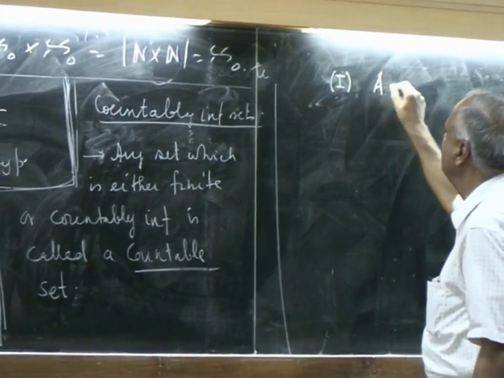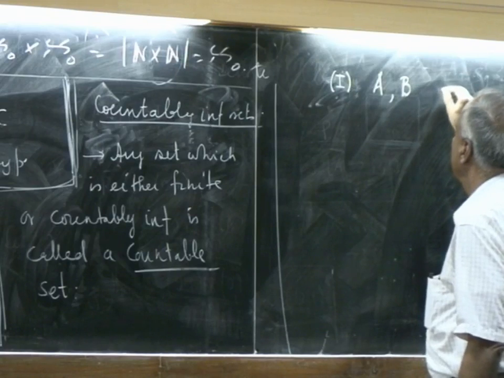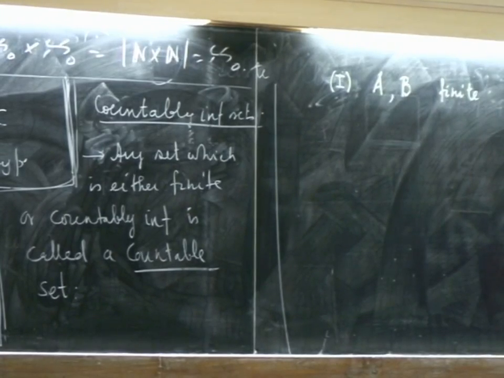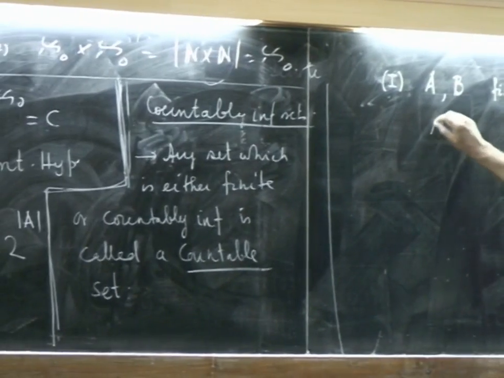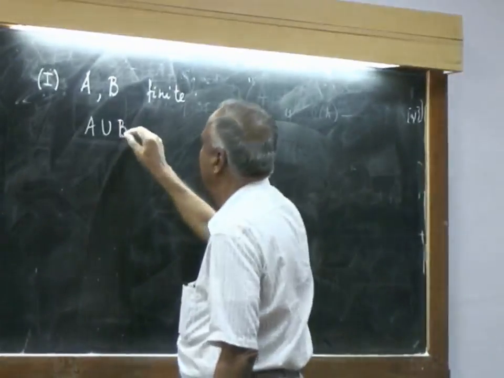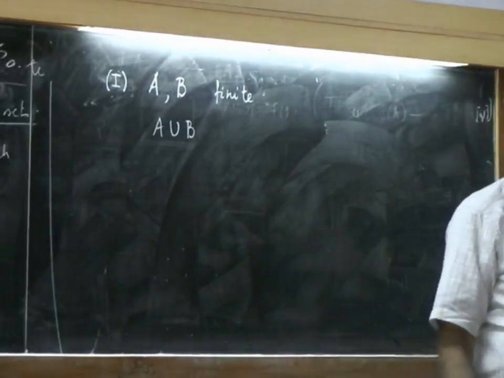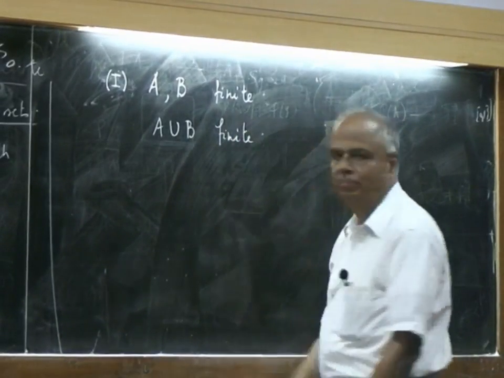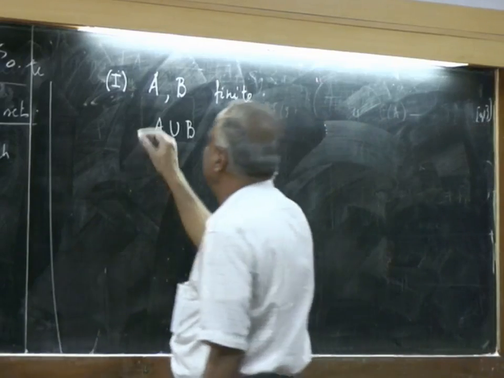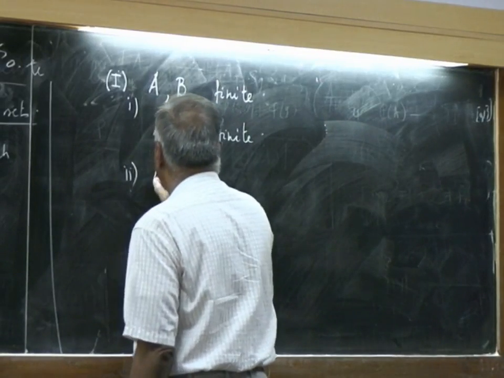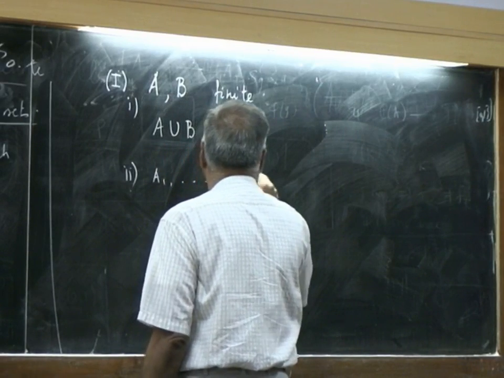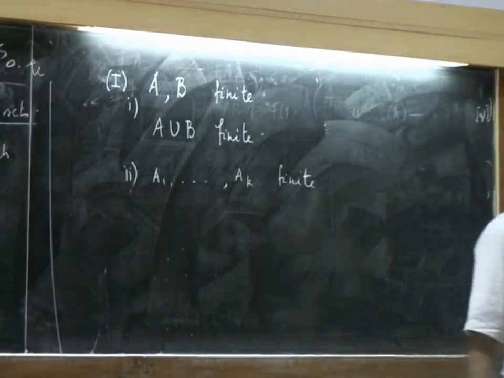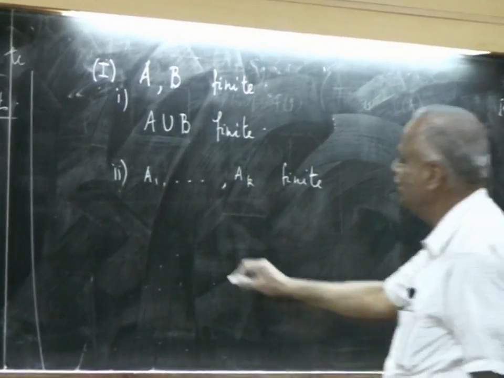Suppose I take two sets A and B, both are finite. What can I say about A union B? That will also be finite. So there is no problem. Okay. Suppose I take a finite number of finite sets, then what can I say about the union?